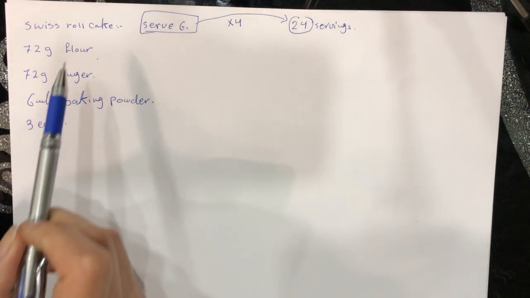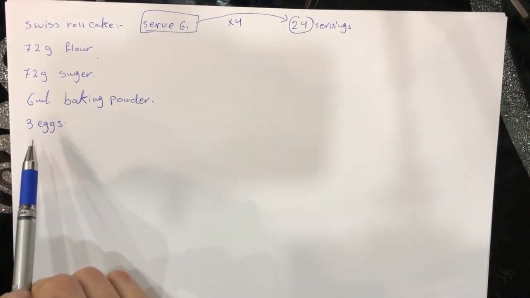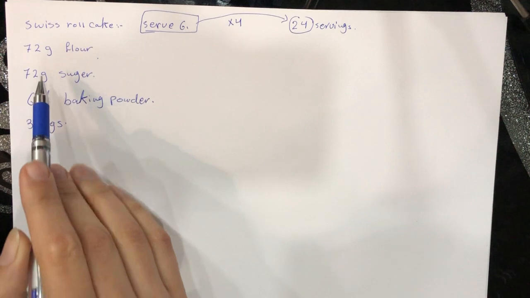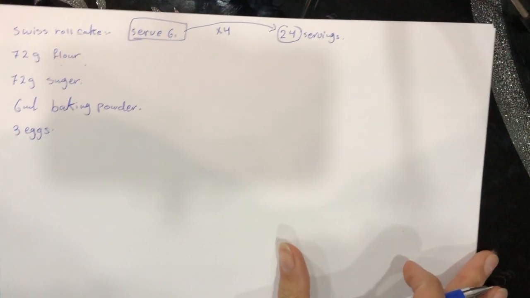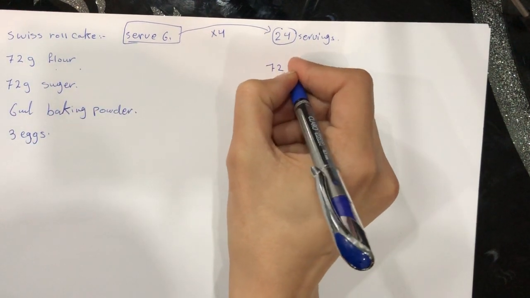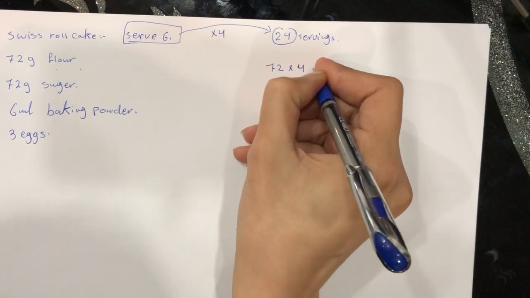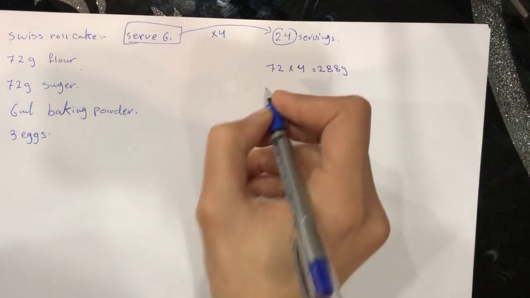So I need to do the same for each one of my ingredients. I will multiply each ingredient by 4, and that will give me the ingredients to make a Swiss roll cake for 24 servings. So if I say 72 grams times 4, I will get 288 grams of flour.